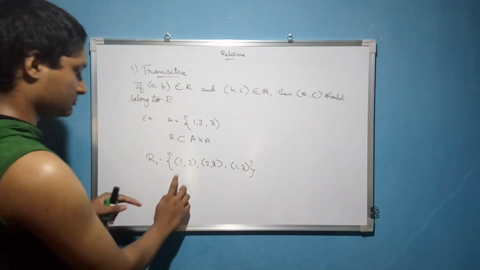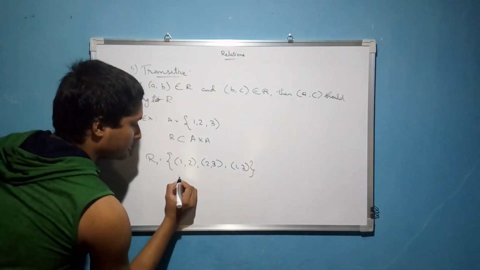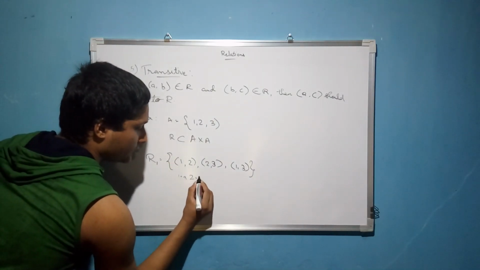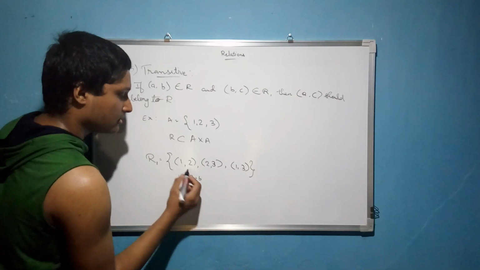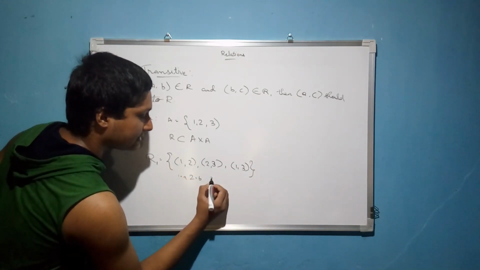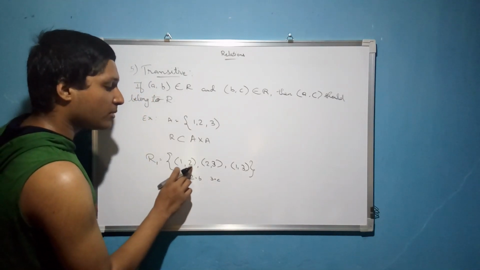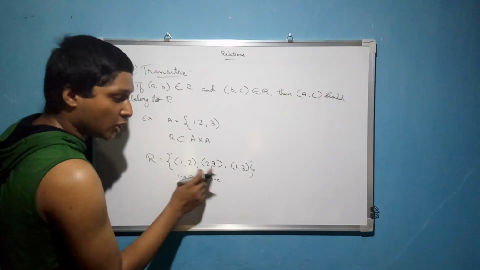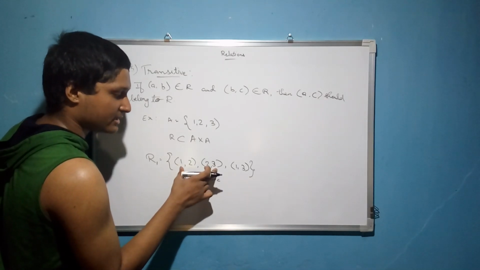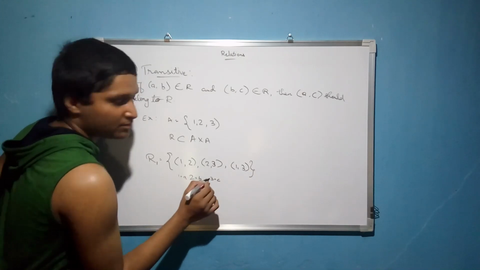Let us consider this as (A, B): 1 is equal to A and 2 is equal to B. This is one element and 3 is equal to C. If (A, B) is present and (B, C) is present, we can see that both these are present. That means that (A, C), that is (1, 3), should be present.